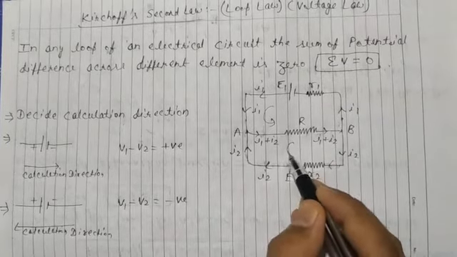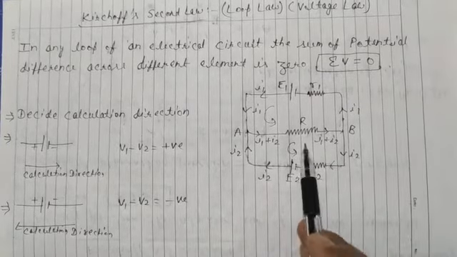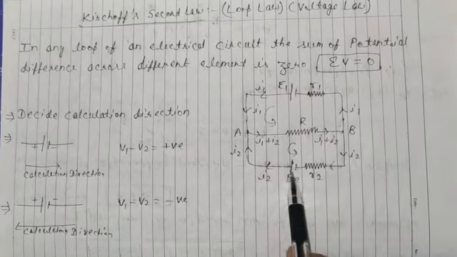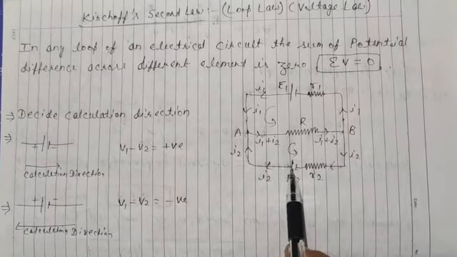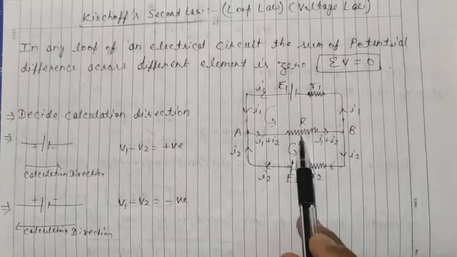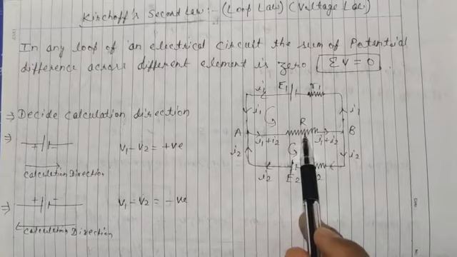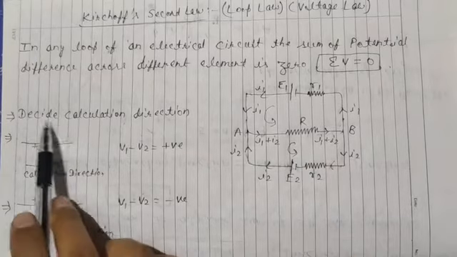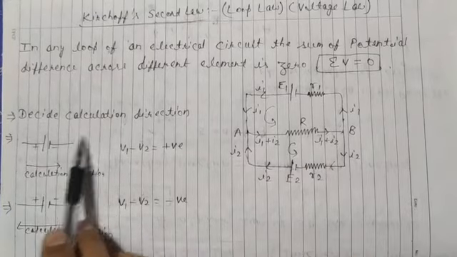If our direction is anti-clockwise and we start from here, first we calculate the potential difference across this, then this element, and then the potential difference across this element. So first we have to decide the direction of calculation.